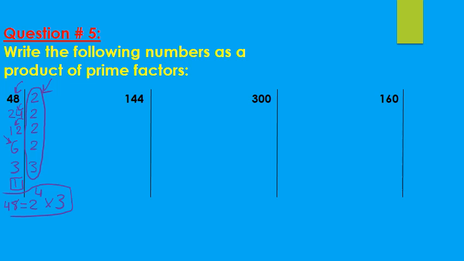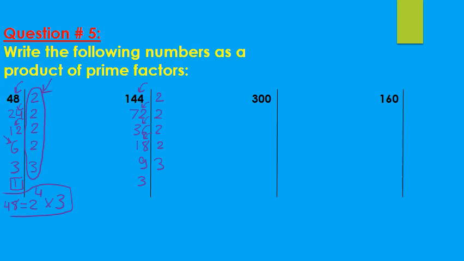Now 144. Also, we can divide 144 by 2 because the ones digit is even. It will give us 72. 72 can also be divided by 2. The answer is 36. 36 can be divided by 2. The answer is 18. 18 can be divided by 2. The answer is 9. 9 can be divided by 3.